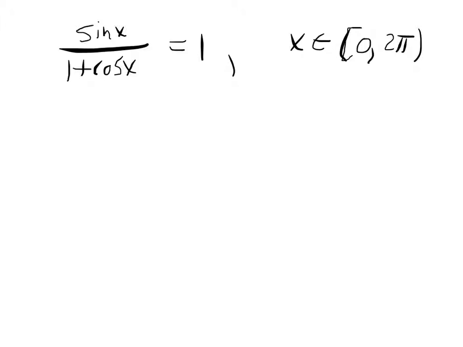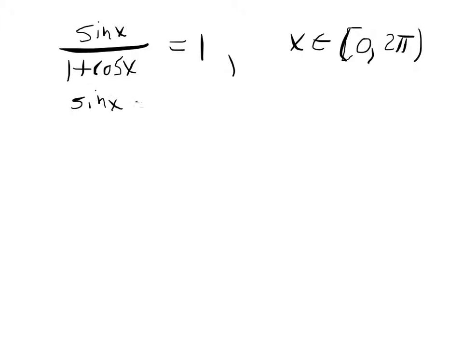Okay, so another way to look at this, if we didn't recognize our tangent formula here: 1 plus cosine x can't equal 0 because it's in the denominator. So if we multiply both sides by 1 plus cosine x, maybe that'll help us.